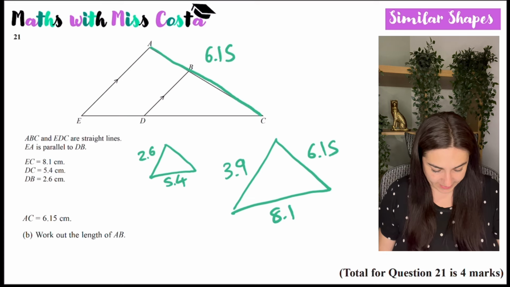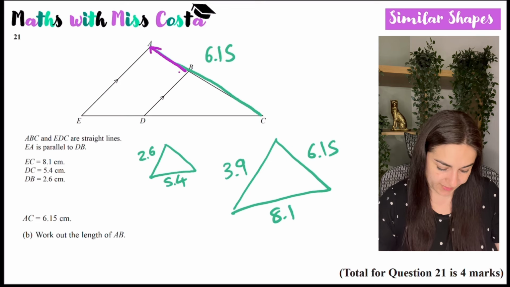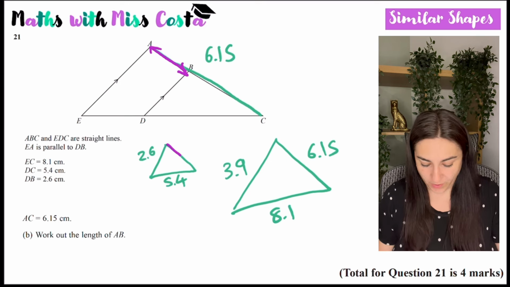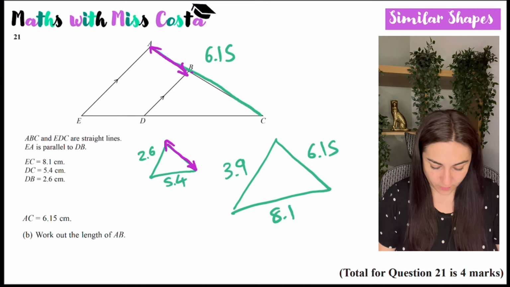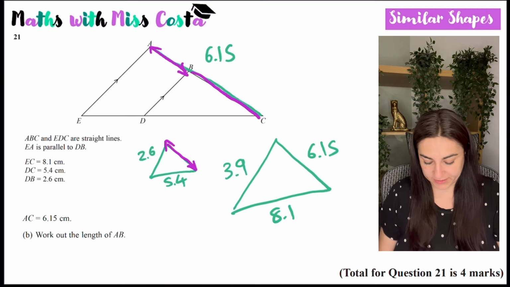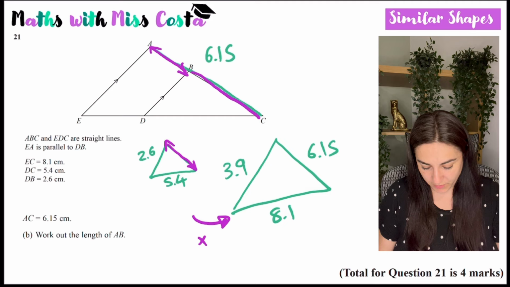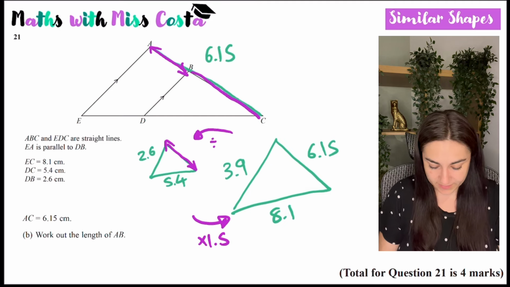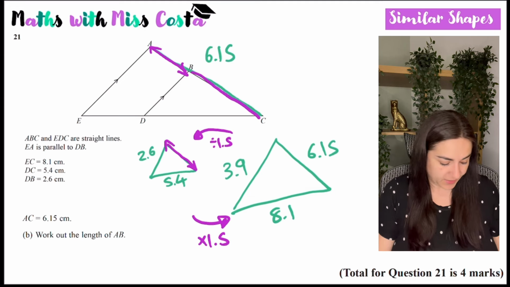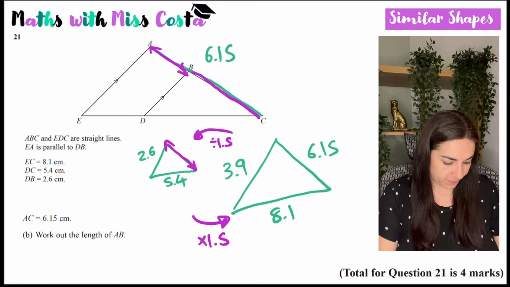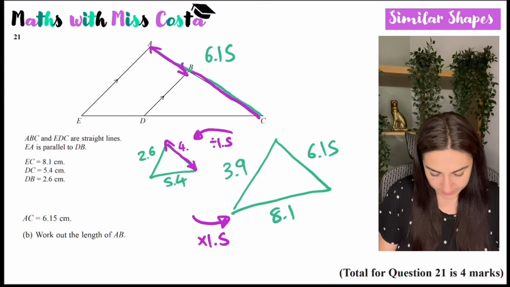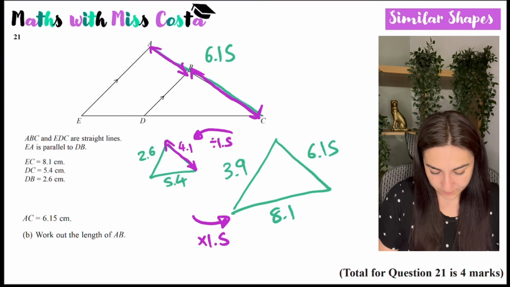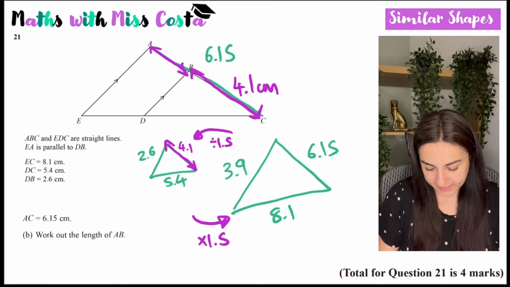So I need to work out the length of AB, which is just this length here. So what I'd first need to do is work out the length of BC, because that's part of this triangle here. So to get from the small triangle to the large one, I multiply by 1.5. So to do the opposite, I would need to divide by 1.5. So 6.15 divided by 1.5 is 4.1. So I know that this side of this triangle, this part here, is 4.1 centimetres.